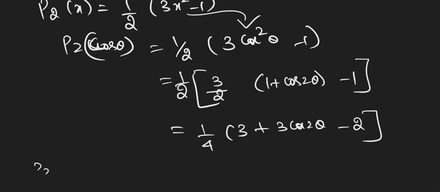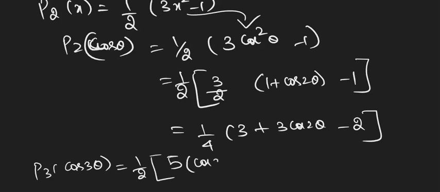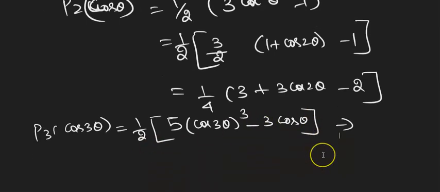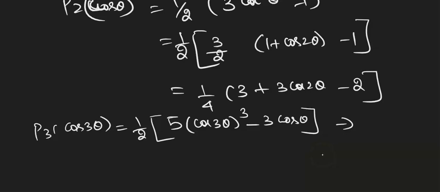Similarly, if they ask P3 of cos theta, what we will do? P3 of x is what? 1 by 2 into, remember, 5 into x cube minus 3x. In the place of x, what I will write? Cos theta the whole cube minus 3 into cos theta. So this we have to simplify and get the answer as, I will write the answer, just use the cos 3 theta formula here.